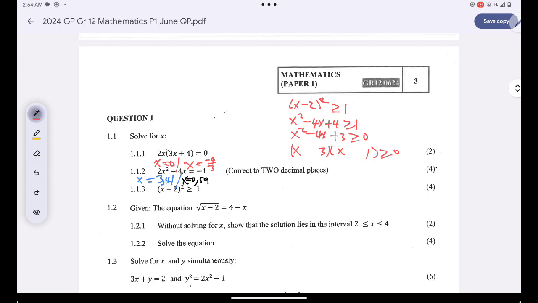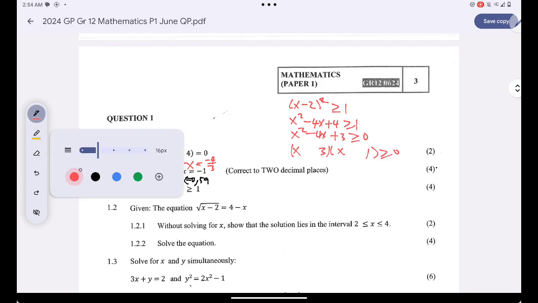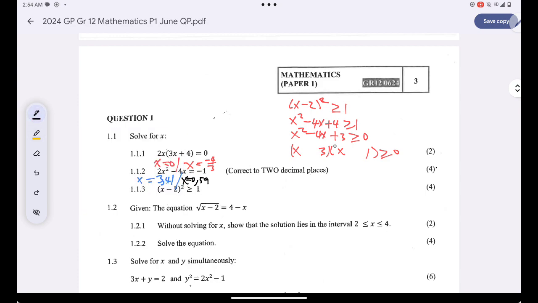And then since the sign is positive there, I'll simply have the same sign here, but not just any sign, the sign of the middle term, right? And then after doing that, I must just find my critical values.